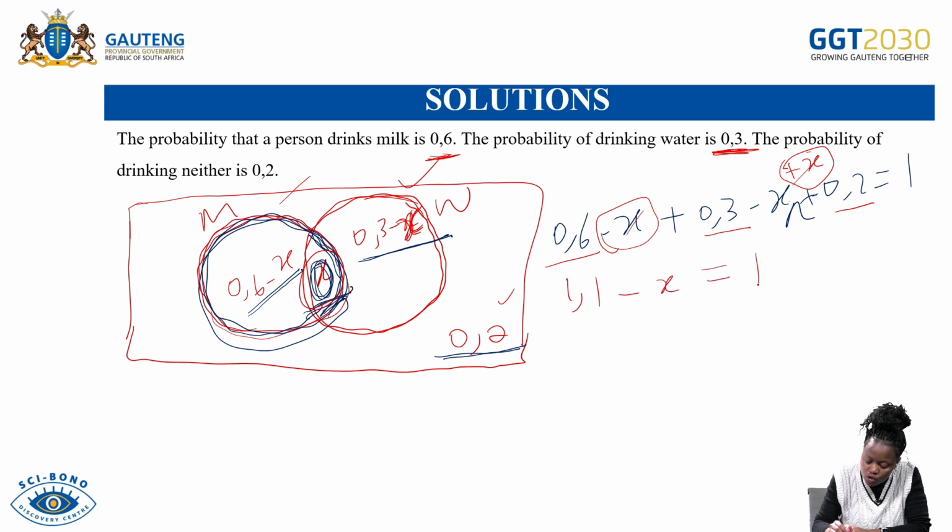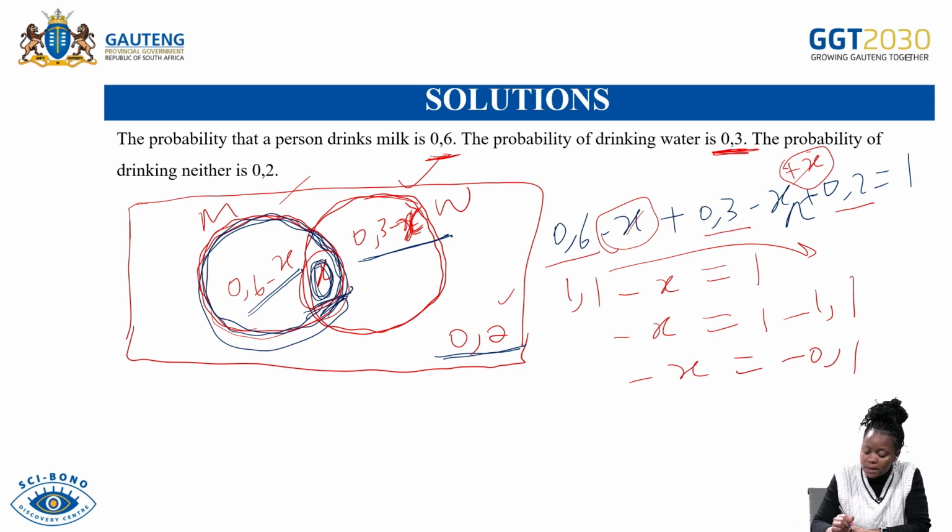It is equal to 1. Then minus x is equal to 1 minus 1.1. You take this to the side. Negative x is going to be 1 minus 1.1, and that's going to give you negative 0.1, right? And then to get rid of the negative, you divide by a negative 1 and also divide by a negative 1.